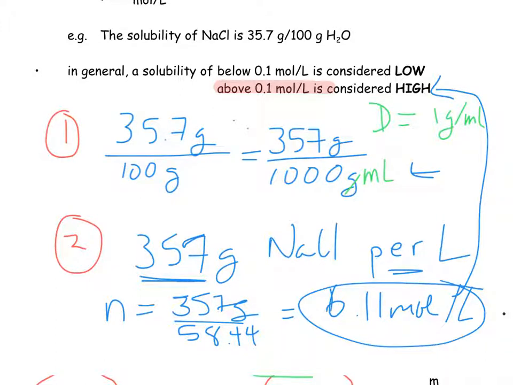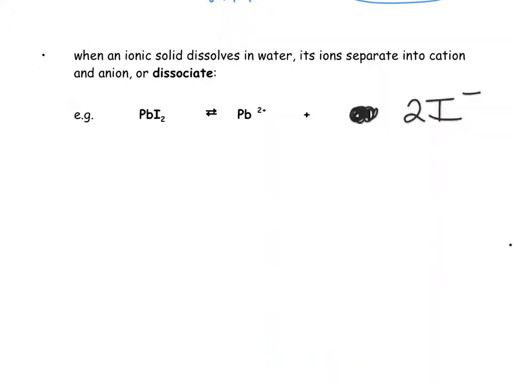All right. So now that we have an understanding of solubility, I want to move on to talk about what is happening when a solute dissolves. So I want to remind you that when we take an ionic solid, in this case I've chosen lead iodide, I know that for every lead iodide particle that dissociates, I'm going to produce one lead ion and two iodide ions, right?